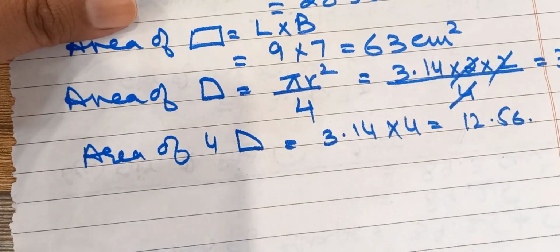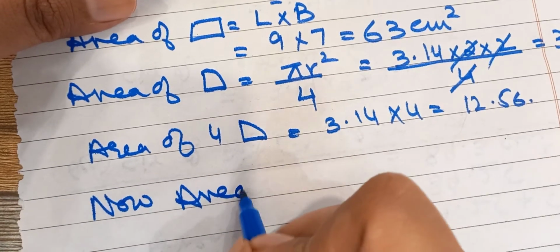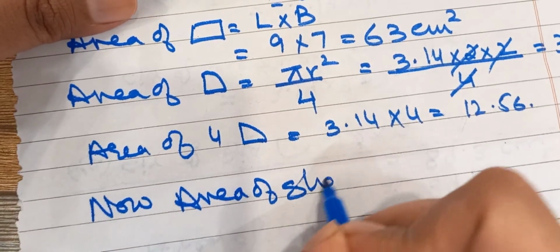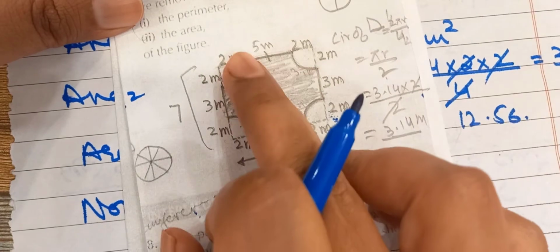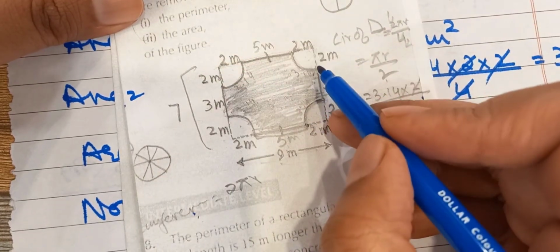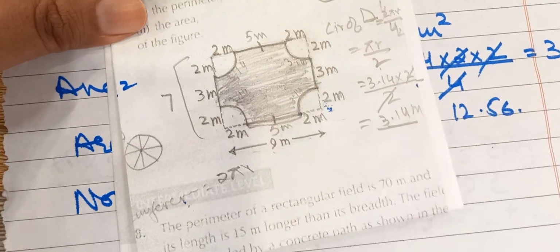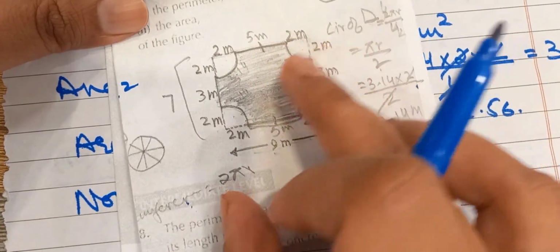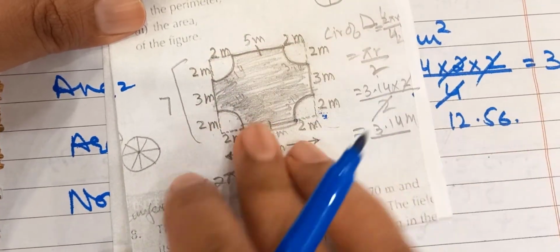Which is equal to 12.56. Now area of shape is equal to, the area of this shape in which these quadrants are not included will be calculated by subtracting from the area of the rectangle the area of these 4 quadrants.